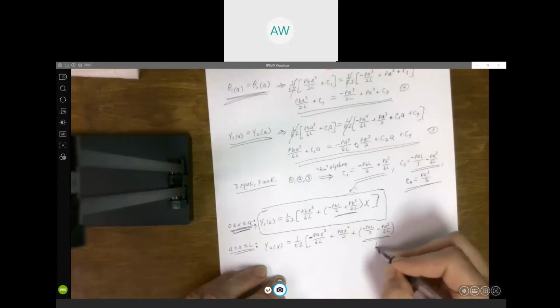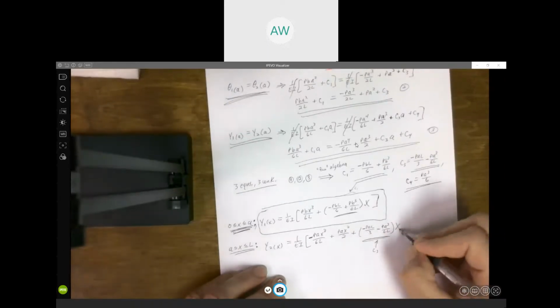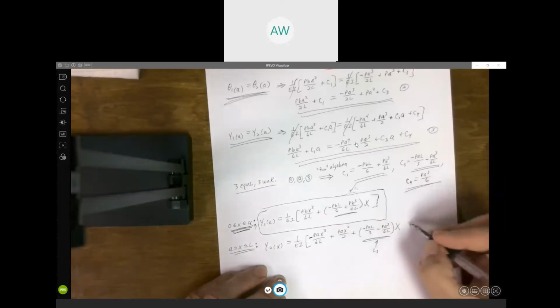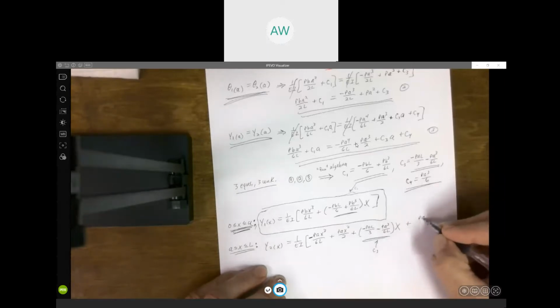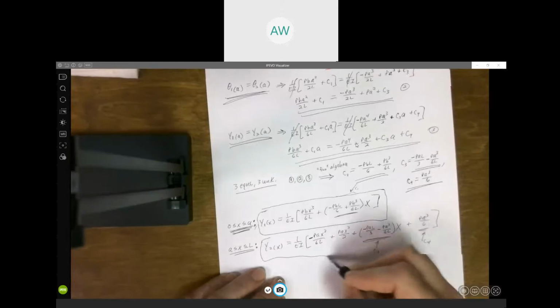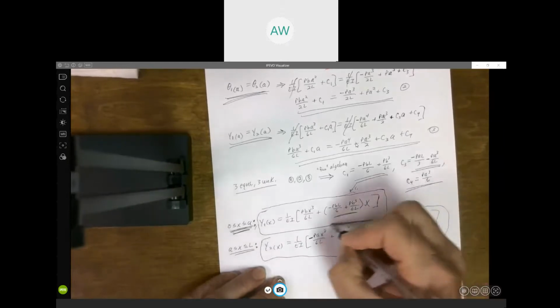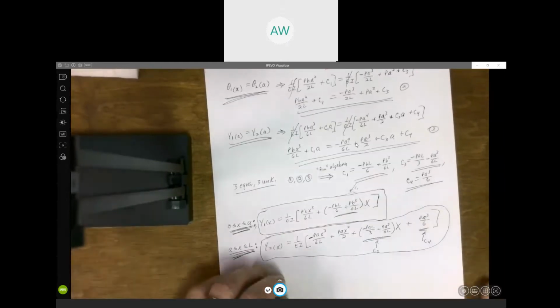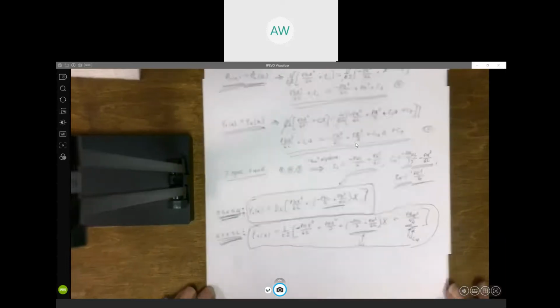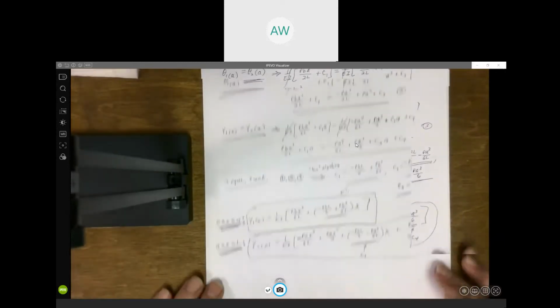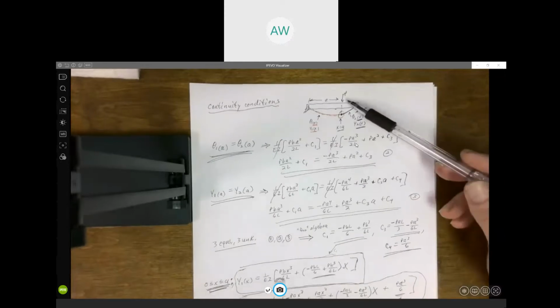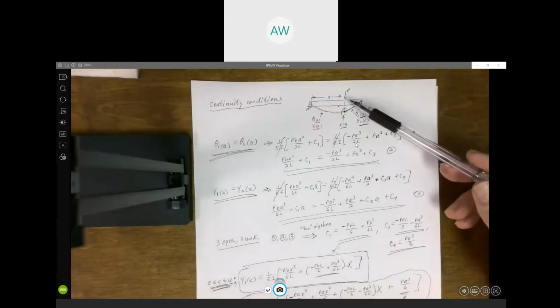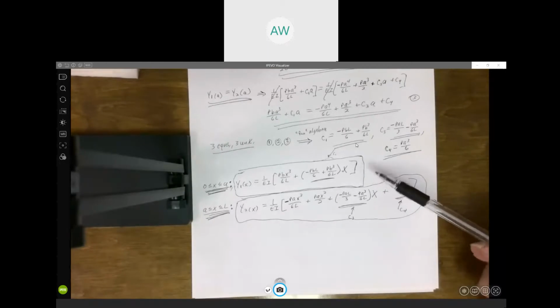That was times X. And then we had plus C4, which was PA cubed over 6, and we plugged in C4. That is the equation of the elastic curve for this part of the beam. So again, who would have thought we started out with something simple looking like this, and we wind up with these equations for our displacement.